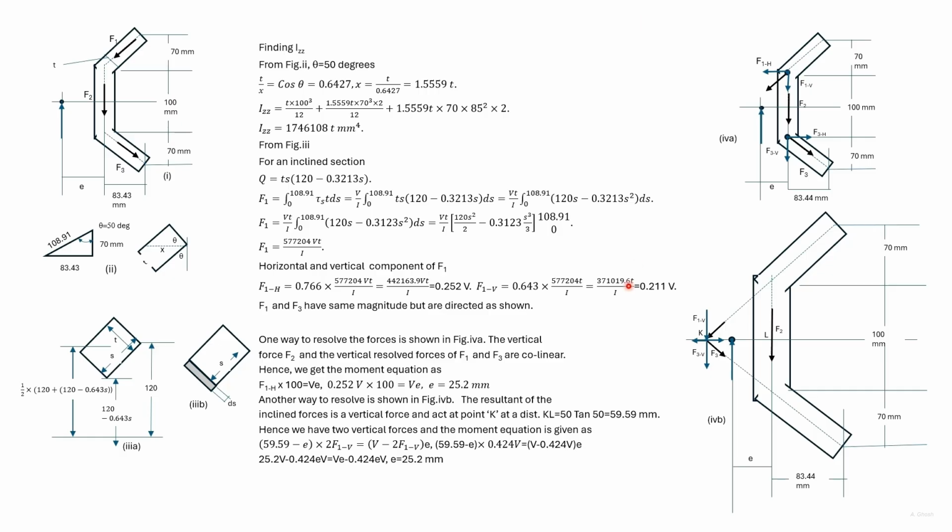We get KL as 59.59 millimeter. Then 2 F1V into 59.59 minus E is equal to F2 into E, where F2 is V minus 2 F1V. So we get this equation, and substituting F1V, we get the value of E.